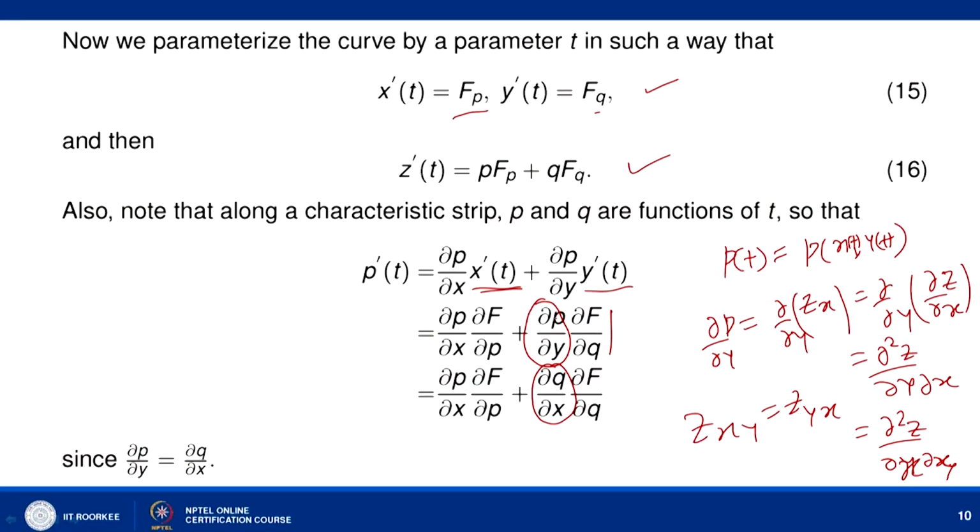So, replacing p_y by q_x, we have p dash t equal to del p by del x, del f by del p plus del q by del x, del f by del q, and we have this relation using that p is a function of x, y and x, y are functions of t. But we also know that p satisfies the equation f of x, y, z, p, q.